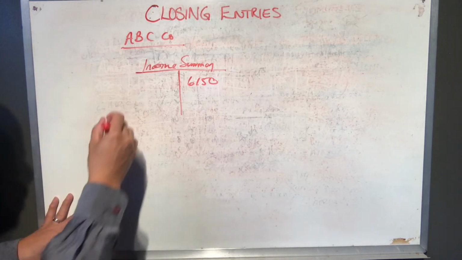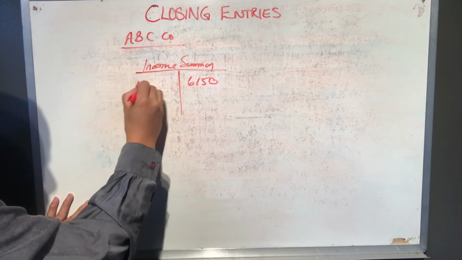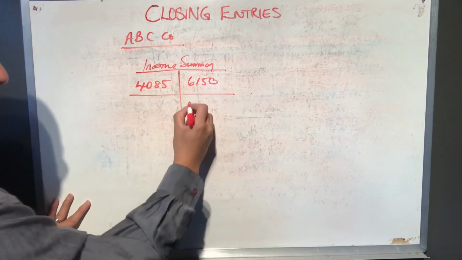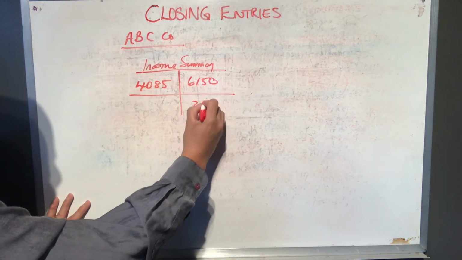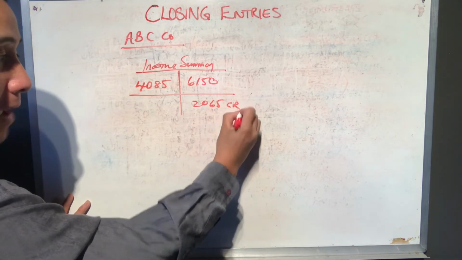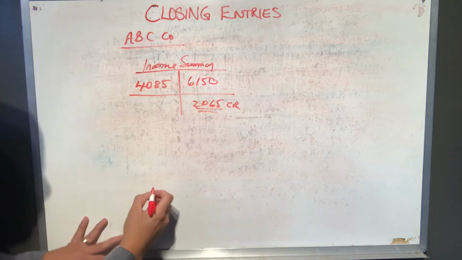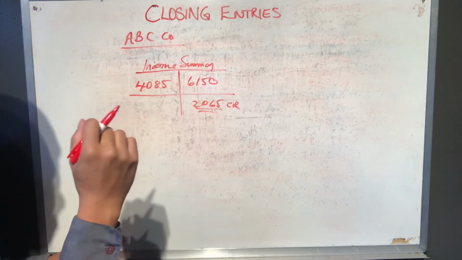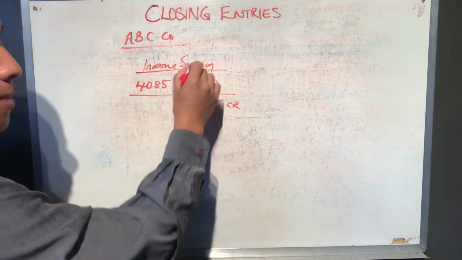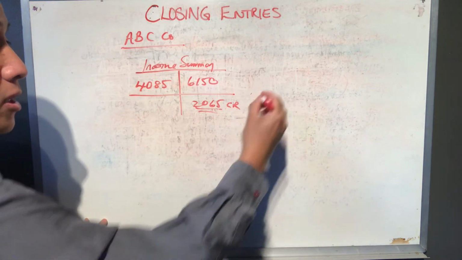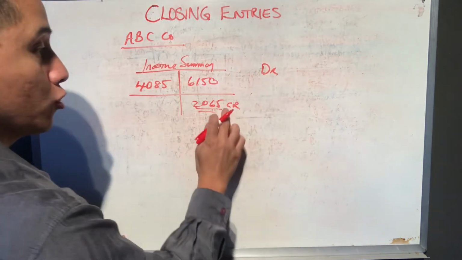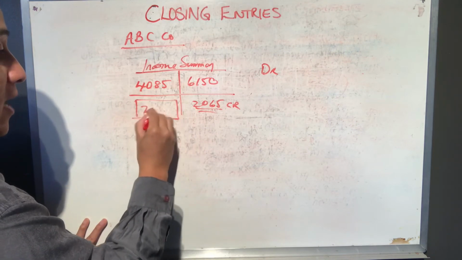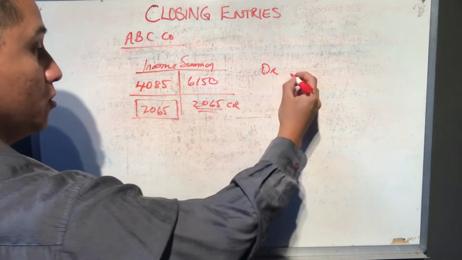We knew that the summation of all the expense accounts totaled 4,085. So the net effect of this is that there's still a credit balance of 2,065 on the income summary. So what we need to do, as part of step 3, is close the income summary out to owner's equity. So this means that if there's a credit balance, we need to offset that with an equal debit balance of 2,065.